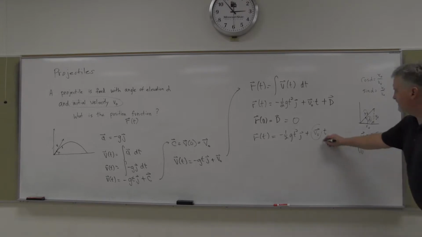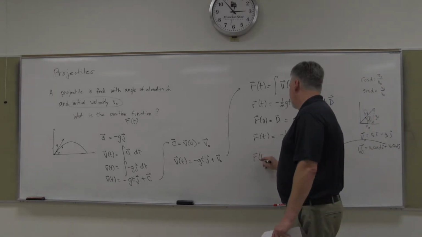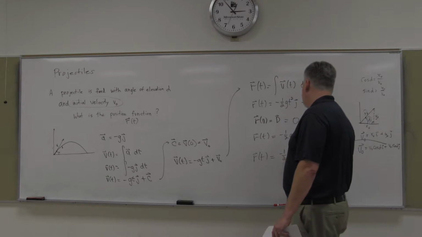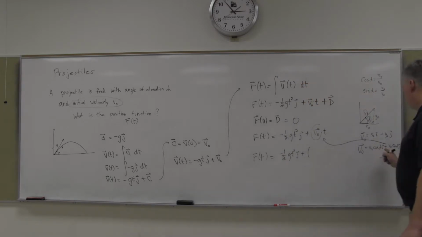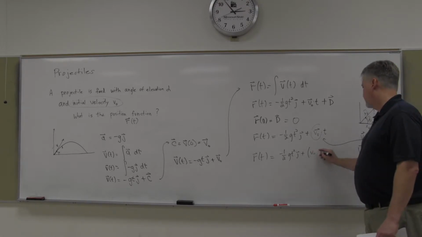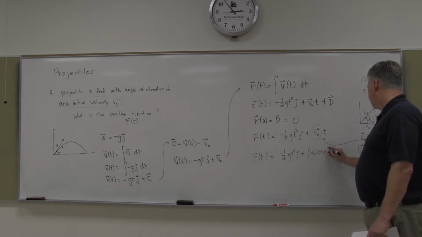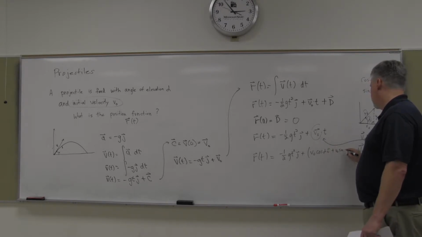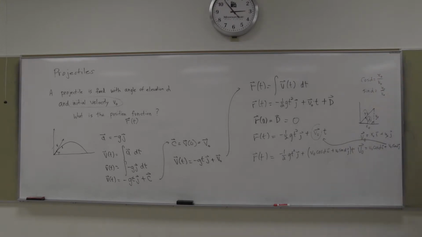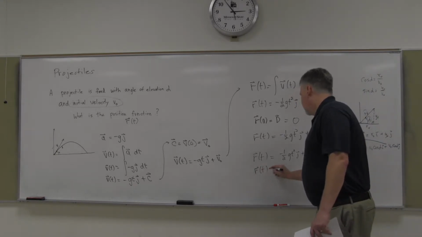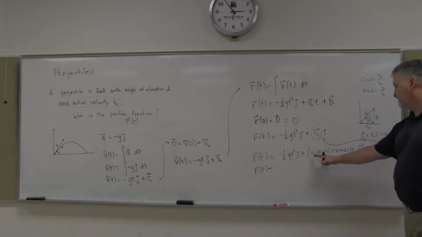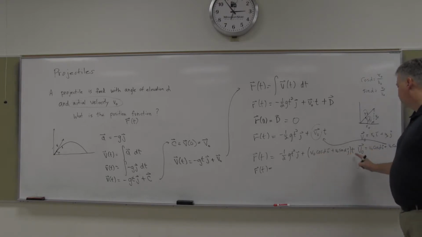So, factoring that in here, what do we got? So r of t is negative 1/2 g t squared j plus v0 cosine alpha i plus v0 sine alpha j times t. Here's what we got. r of t, the i part is going to be v0 cosine alpha times t.